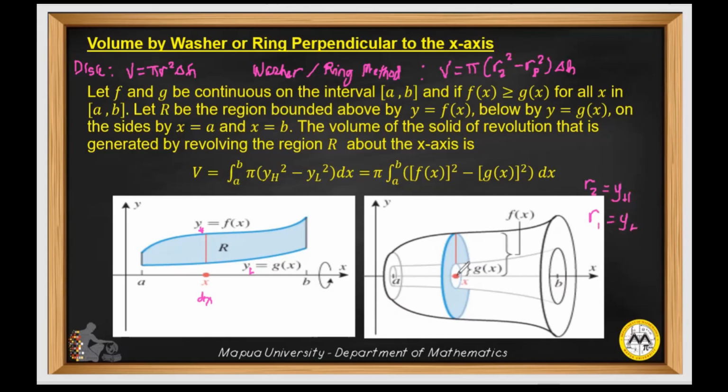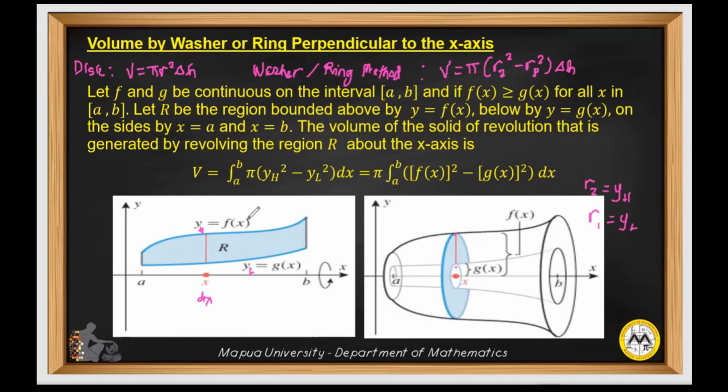The outer radius is the distance of this point from the axis of revolution, in which the center of the washer lies. The inner radius is the distance of this point from the axis of revolution, and that is y_L. So the volume of the solid of revolution by integration is equal to the integral of pi times the square of y_H minus the square of y_L times the thickness dx.